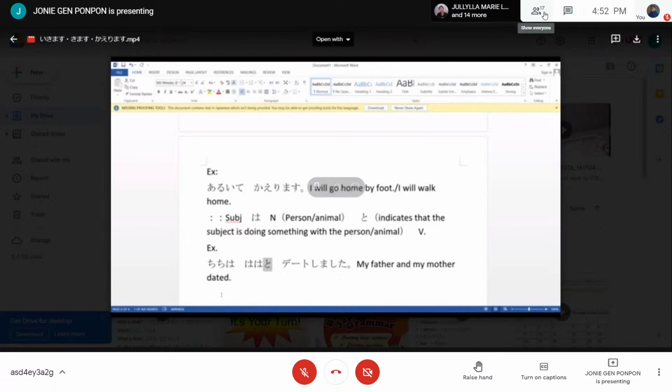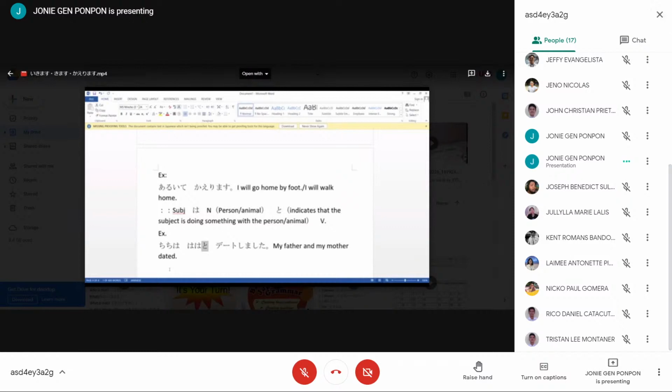Okay, so in this case, the sentence chichi wa haha to deito shimashita, ang kasama ni my father to date is my mother. Okay, so that's how you use the subject and then the noun plus the to particle and the verb. Okay, so another example. Let's have another example.